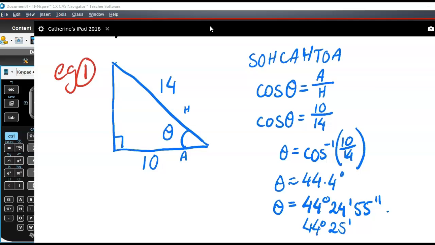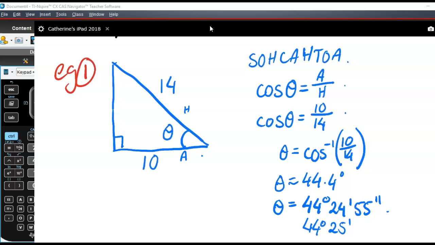I drew the picture of the situation. I labelled my knowns and unknowns. I used the formula. I figured out which of those ratios I needed to use. I wrote it out. Then I put in my knowns and unknowns. So I'm using the same process as I did for Pythagoras' theorem. This is the process you should be going through all the time.